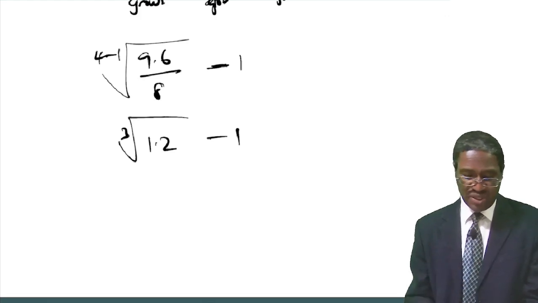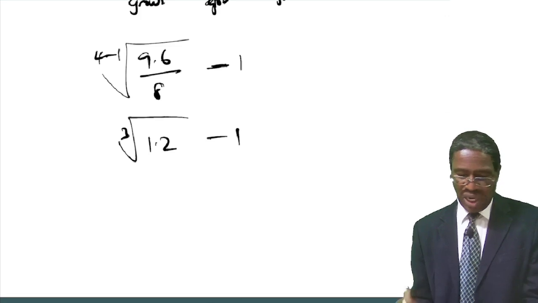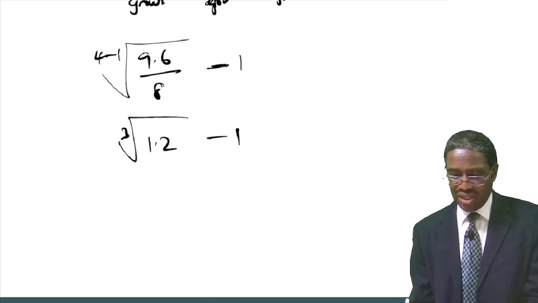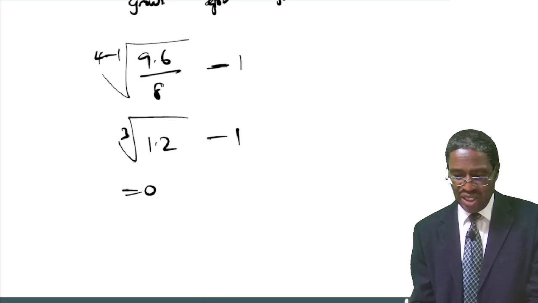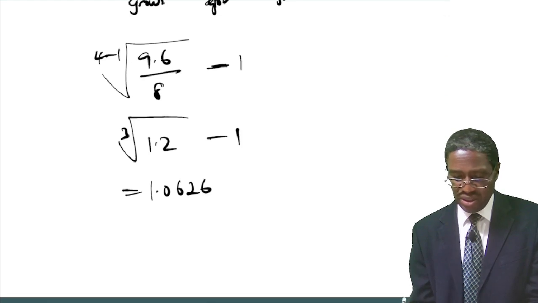The third root of it is 1.0627, to 4 decimal places.